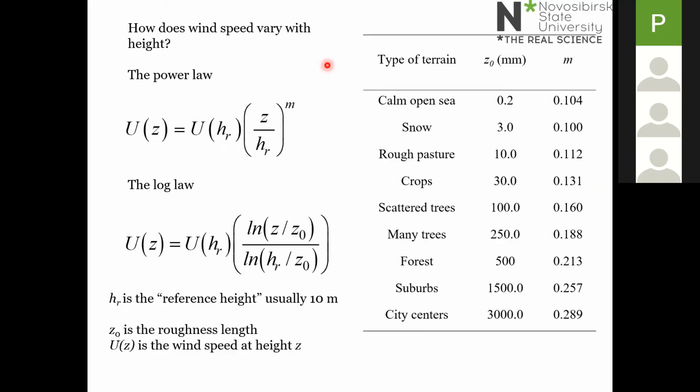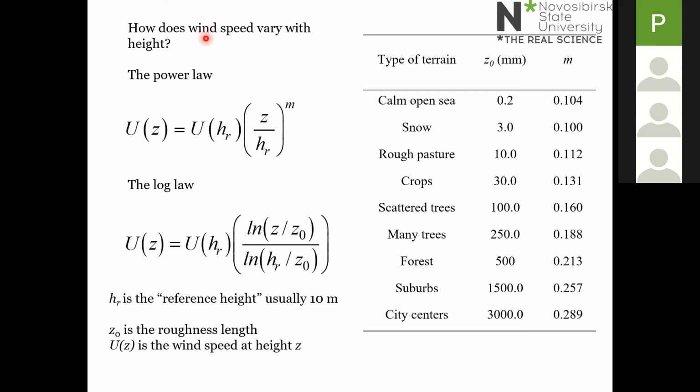Okay, one of the other features of wind turbines that's extremely important from their siting perspective is something that I haven't really said anything about so far in this course, and that is the fact that wind speed changes with height.